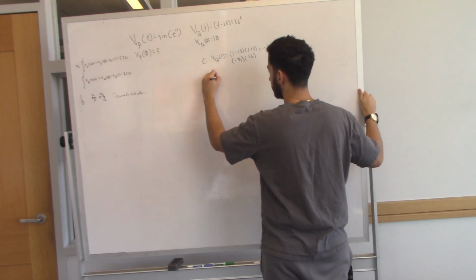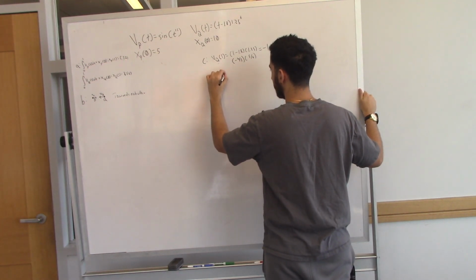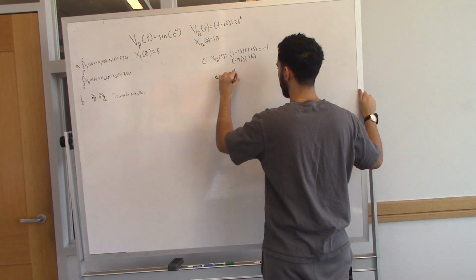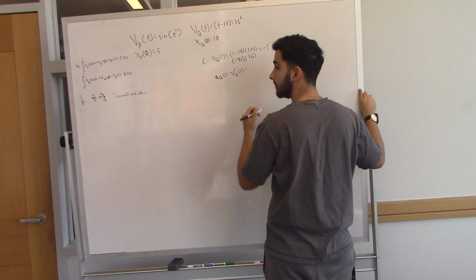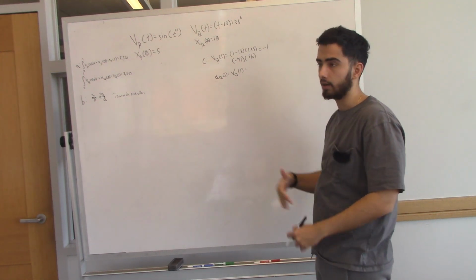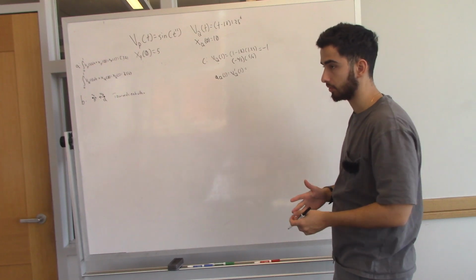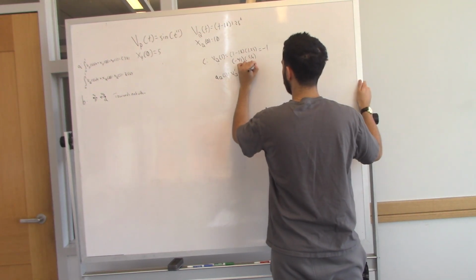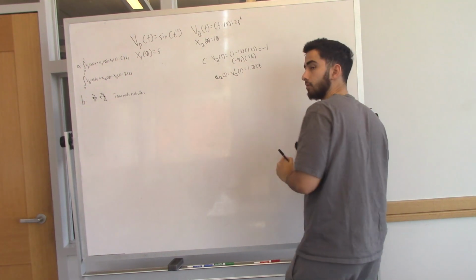Alright? Now, for part C, we need the acceleration of Q at t equals 1, which is the same thing as the derivative of the velocity at t equals 1. So just plug this function into your calculator and find the derivative at t equals 1, and you should get approximately 1.028. So what does this mean?